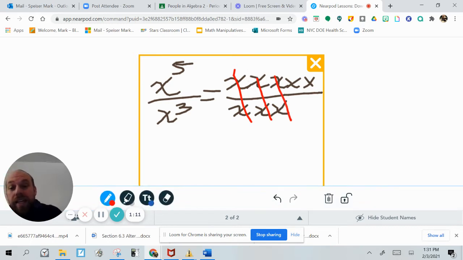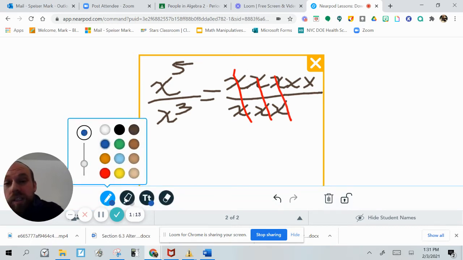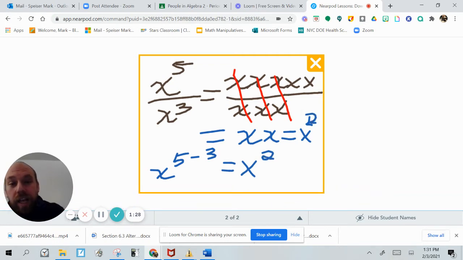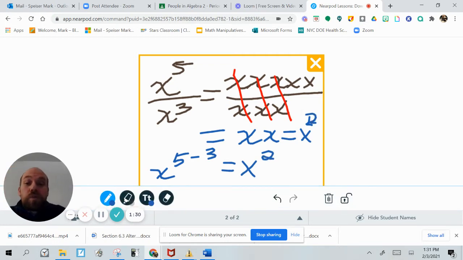When you divide anything by itself, it's 1. So we're left with 2 x's in the numerator, or x squared. So if you notice carefully, we could just do 5 minus 3 and get x squared. And that's why when you divide, you subtract.